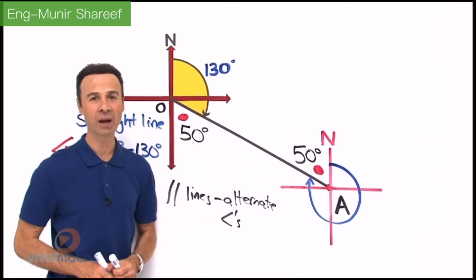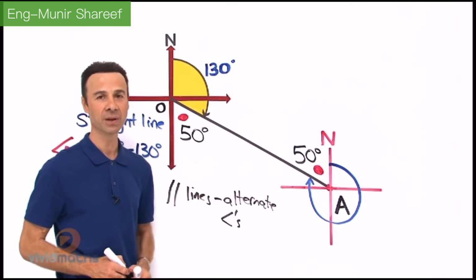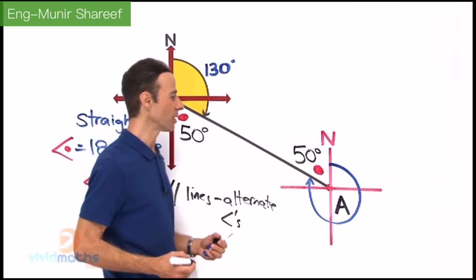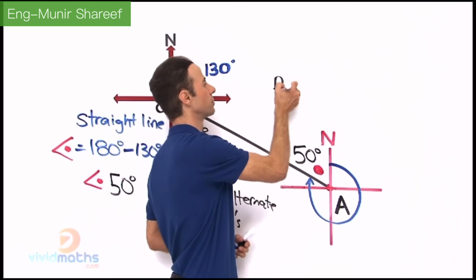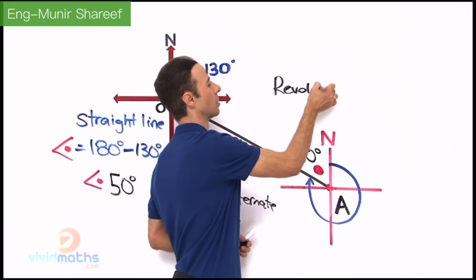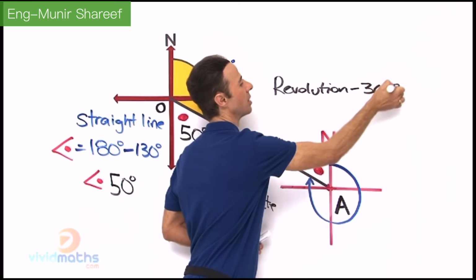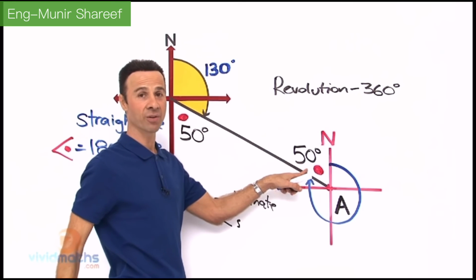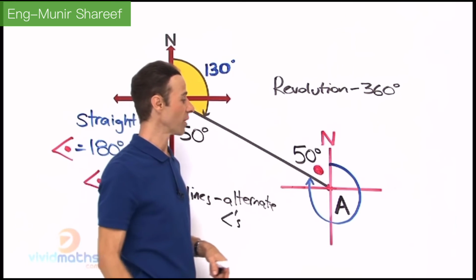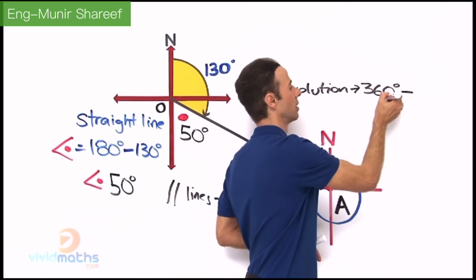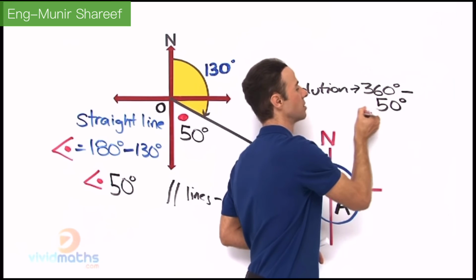All we have to do is take the angle of revolution, take away that 50, and that will give us our bearing. So the bearing is the revolution, which is 360 degrees, and we take away this angle in there, the red dot, 50 degrees.